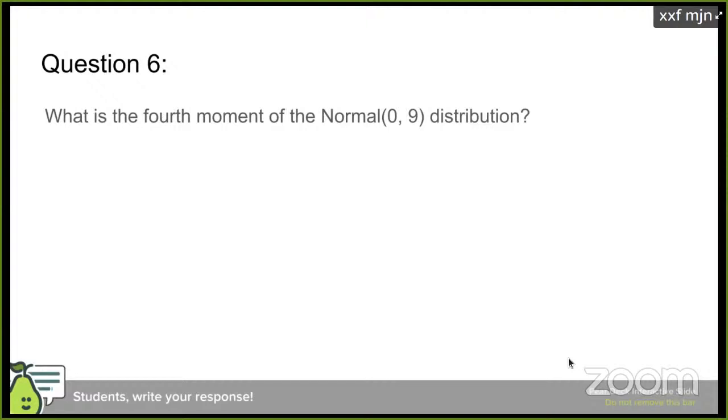The MGF of a normal distribution is the expected value of e to the power lambda x, where x is normal, and it is equal to e to the power lambda square sigma square by 2.